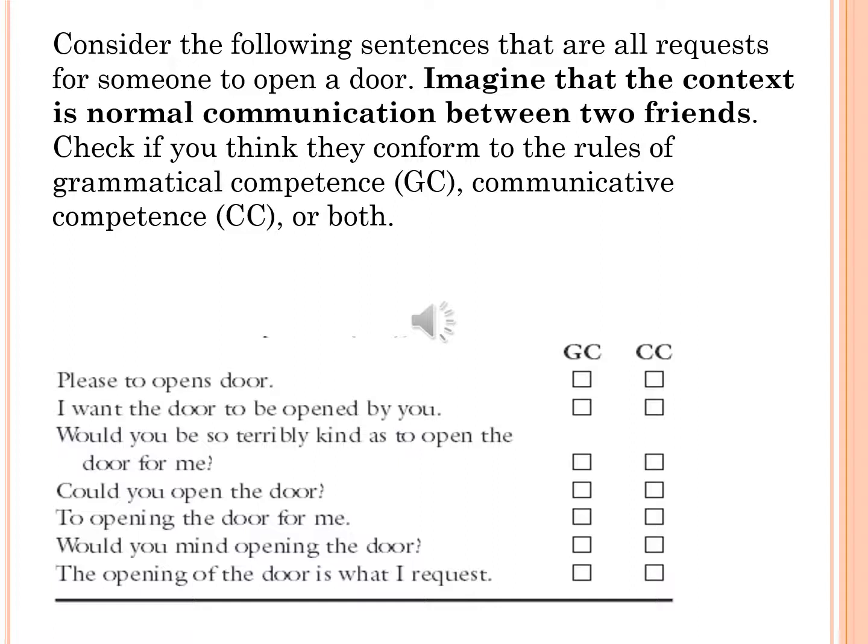I have no doubt that they want the door open. In the first sentence, "please to open's door," I may think the person is a doorman and enjoys opening doors if I just heard about it. However, if a person said this with their hands full in front of a closed door, I would open the door for them. So in every one of these sentences, my response will be to open the door for them.